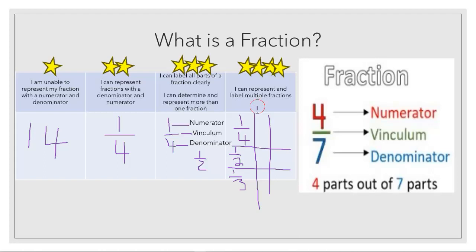Where you can say the numerator, let's do that with the actual words. The numerator is 1, and the denominator, that would go that way.